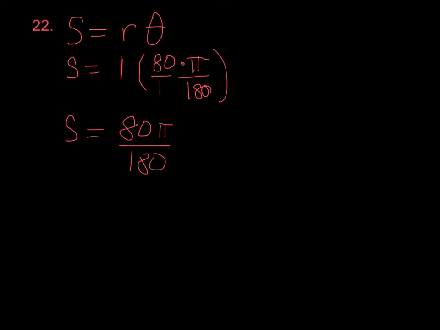And if I look at my 4 choices, that's not there. So I'm just going to take my calculator and reduce 80 over 180. We can divide by 20. I'm going to get 4 pi over 9, which is choice 1.